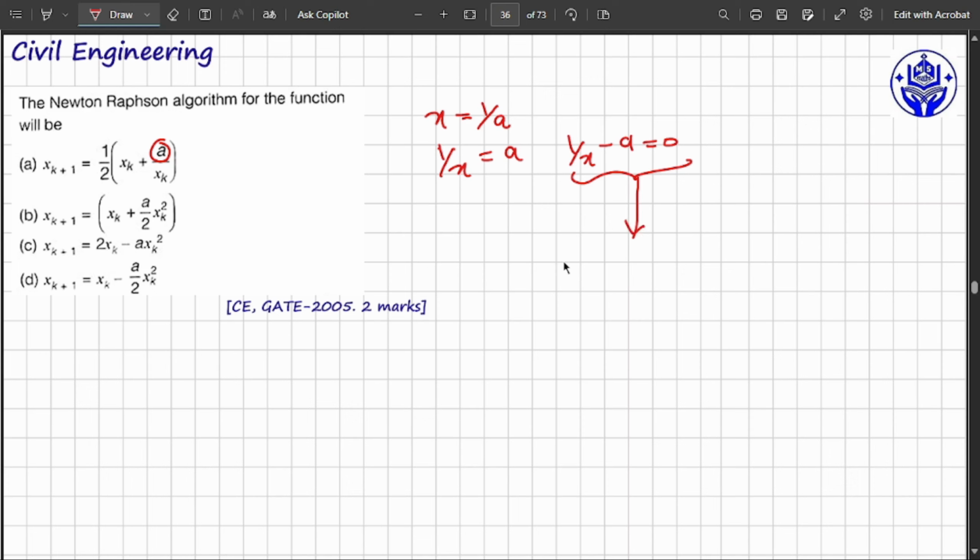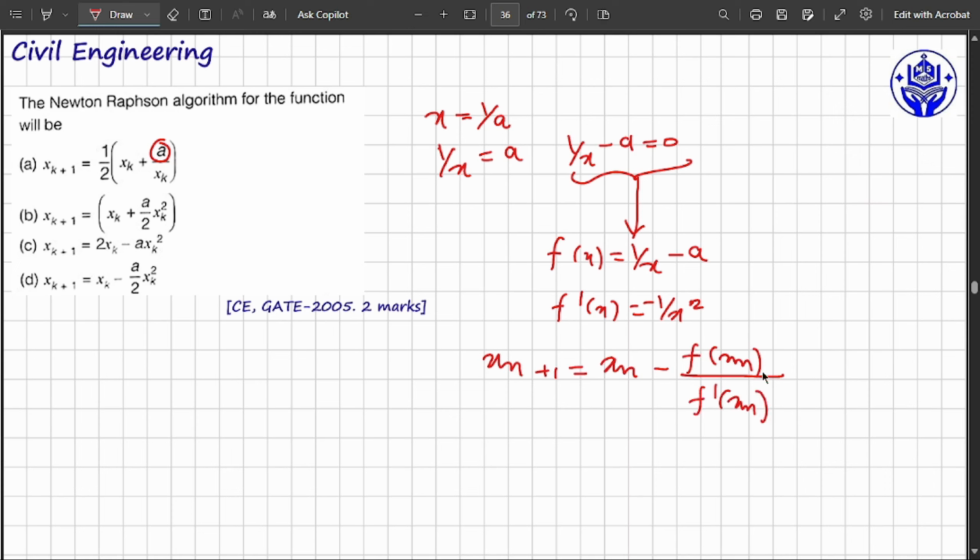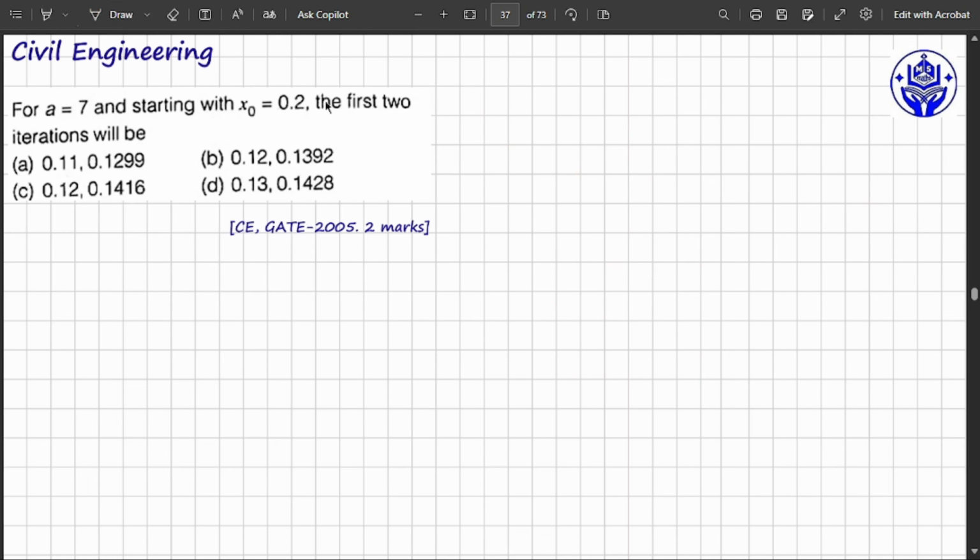So how will we proceed? My f of x is nothing but 1 by x minus a. What is f dash of x? It will be minus 1 upon x square. Then x(n+1) is xn minus f of xn by f dash of xn. On putting all these values, you will find the numerical scheme of the Newton-Raphson method for this equation.